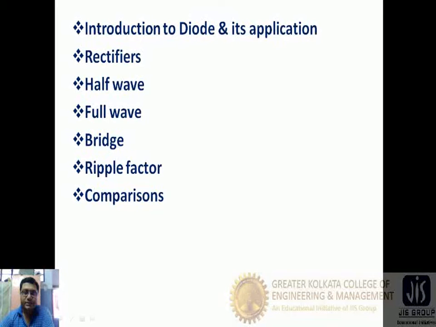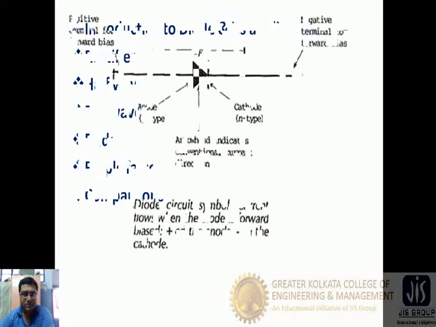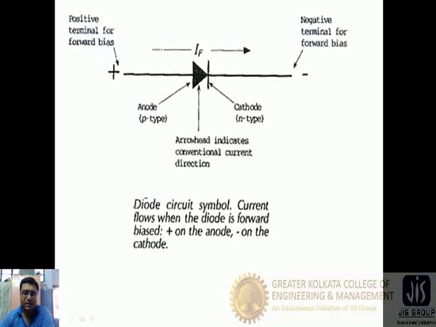So let us begin. First we have to understand a diode. A diode is a semiconductor device consisting of two types of material. One is p-type material, which is the anode, and another is n-type material, which is the cathode. This is a two-terminal device which is built mostly for rectification purposes.